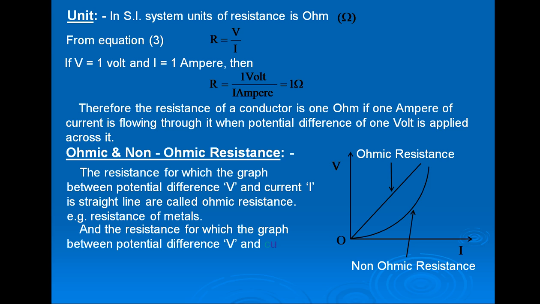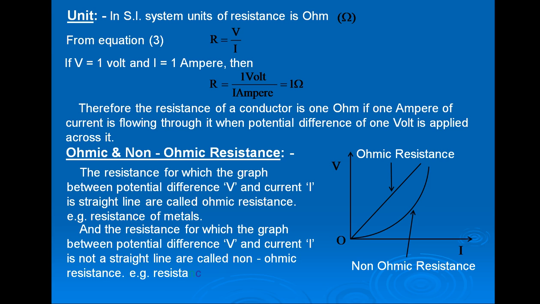The resistance for which the graph between potential difference V and electric current I is not a straight line is called non-ohmic resistance. That is, the resistance which does not obey Ohm's law is called non-ohmic resistance. For example, resistance of semiconductor, PN junction, transistor, etc.